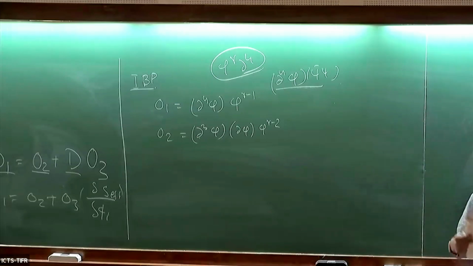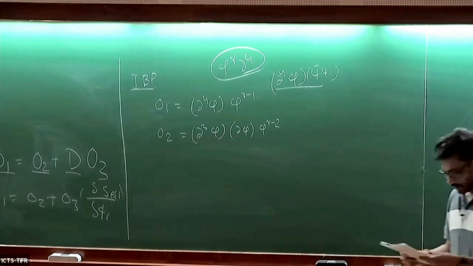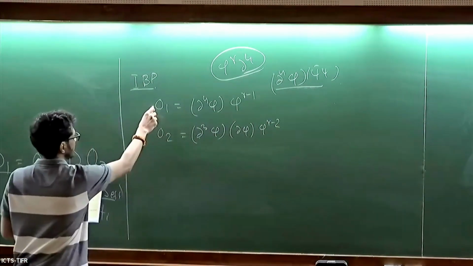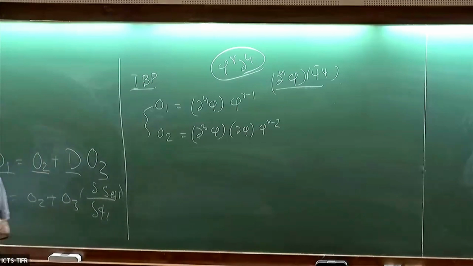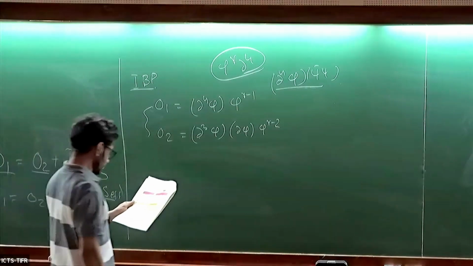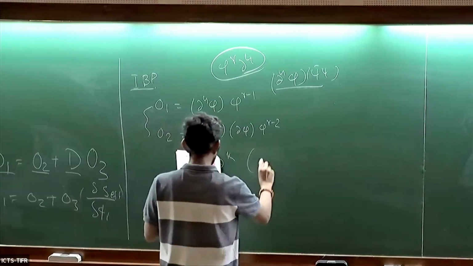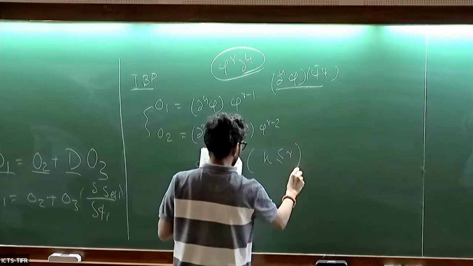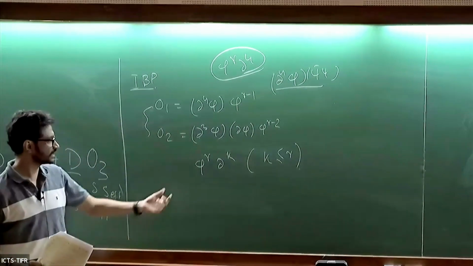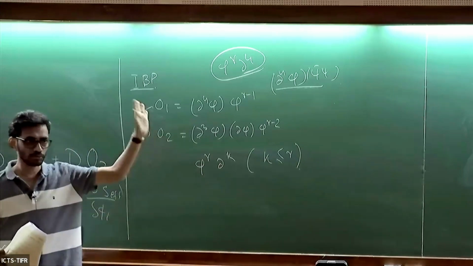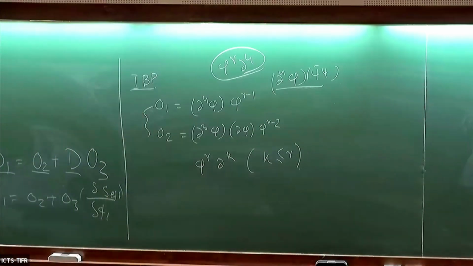And when should you expect the relation among which kind of structures? For this kind of structures you would expect the IBP, right? So now, let's say I have phi^r and del^k with the relation k less than or equal to r. Why k less than or equal to r? Because if k is greater than r, then I can write the whole thing as a total derivative, so that will vanish.